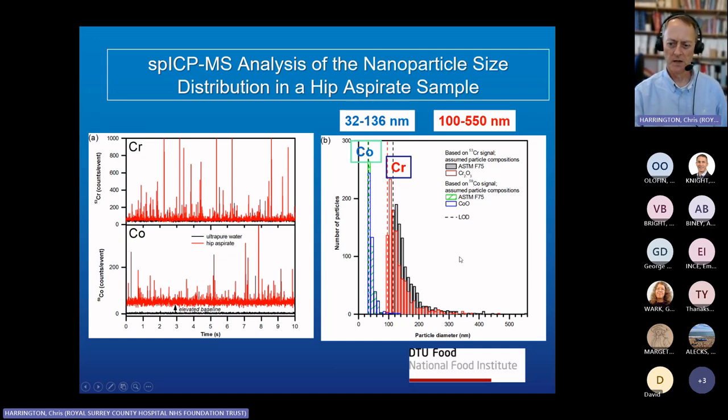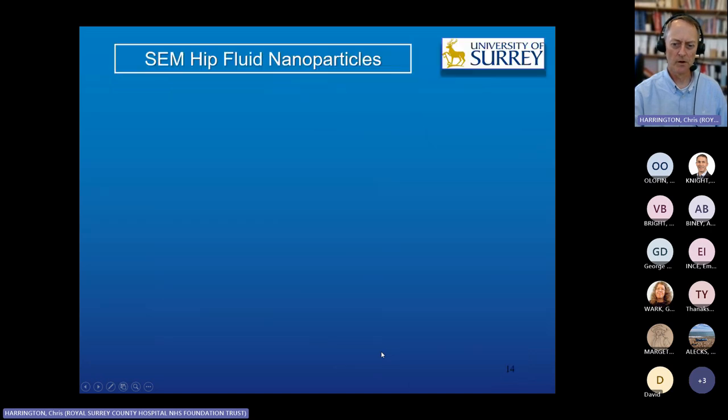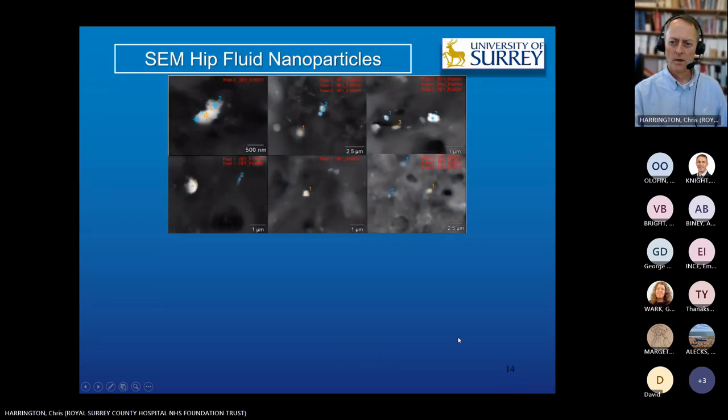So we use this information to work out this size distribution, but it basically assumes that it's a particle. So the work we did with the University of Surrey was to use electron microscopy to look at these things and see if these particles were actually spherical or what shape they were.